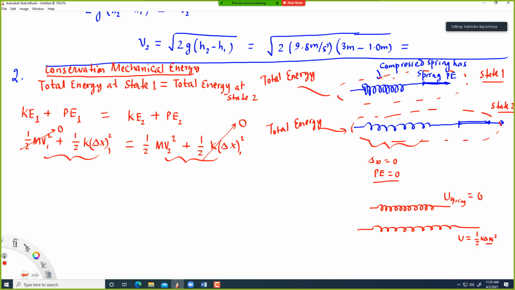This delta x is how much it is stretched. Or you can also compress the spring instead of stretching, and when you compress it, it will have potential energy. In both compression and elongation, you have potential energy, but if it is in its original state, there is no potential energy. So when you release the spring, it comes to its original shape, so there is no potential energy.